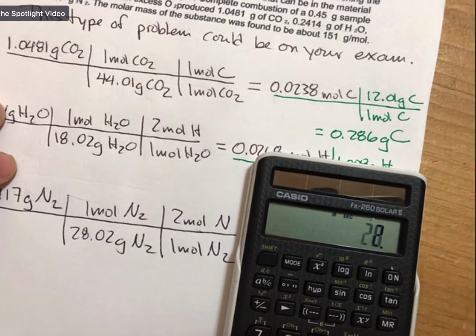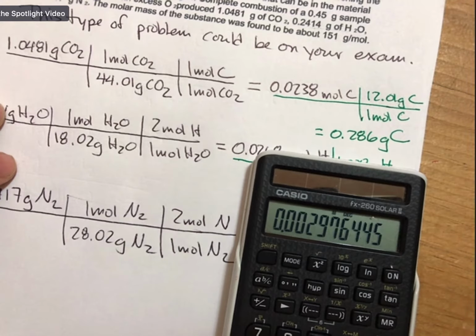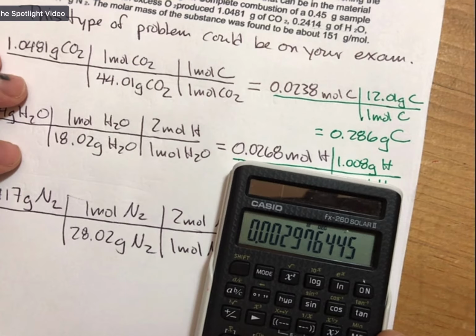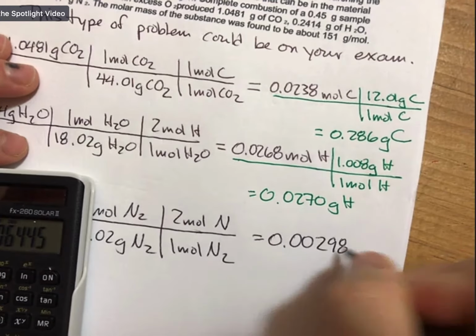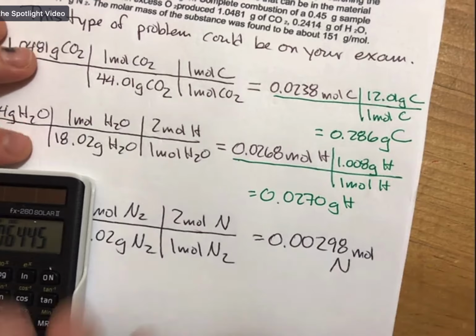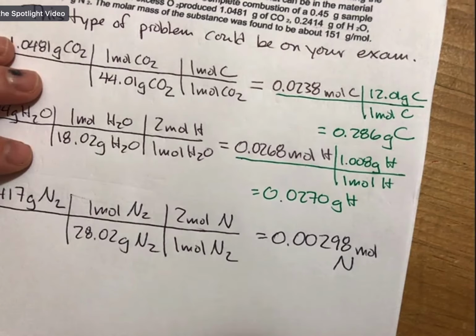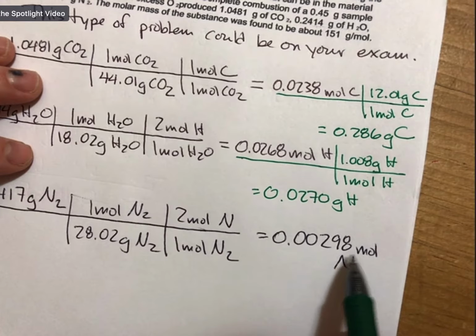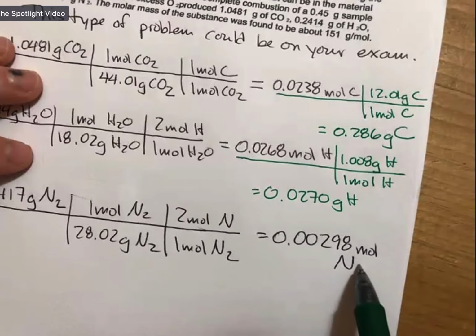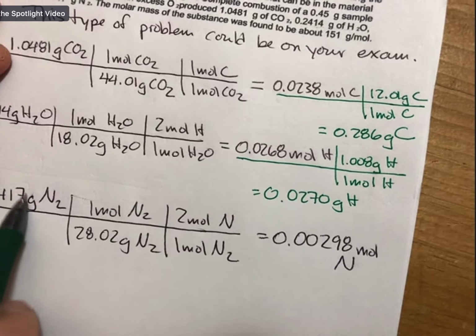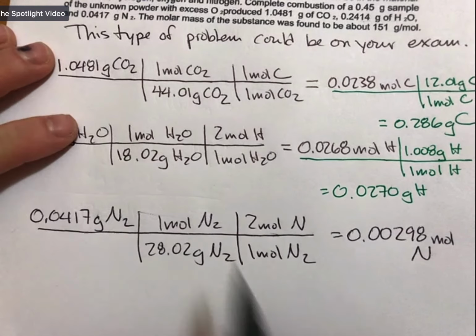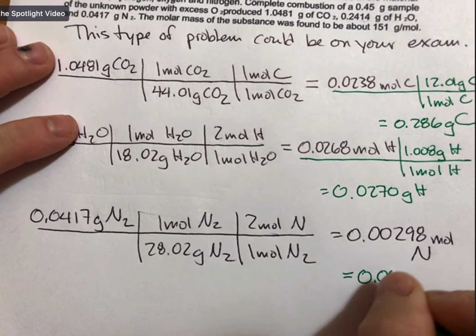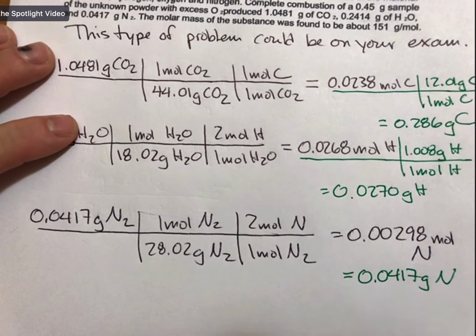Divided by 28.02 times 2, 0.00298 moles of nitrogen. And if you were to multiply it times the molar mass of nitrogen, you would get this number back, 0.0417, because this is all nitrogen. So however you do it, that's the grams of nitrogen.